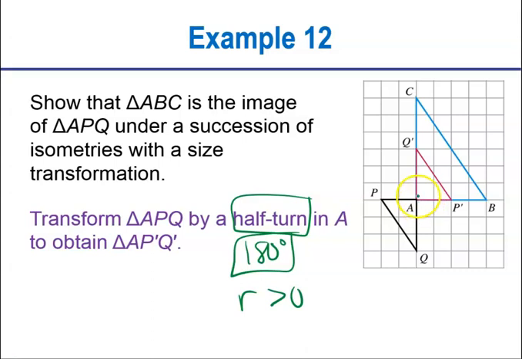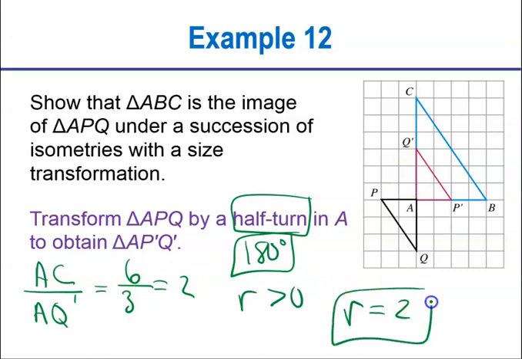We've got line segment AC. Remember, you always do your image over your original. That would be AQ primed. So what's the length of AC? Well, let's say 1, 2, 3, 4, 5, 6 units. Over AQ is 3 units. So we have a scale factor, once again, of R equal to 2.